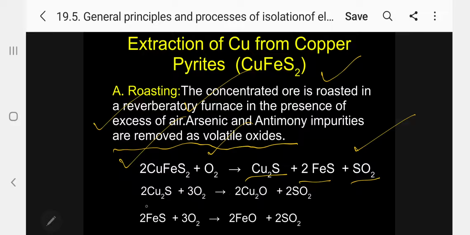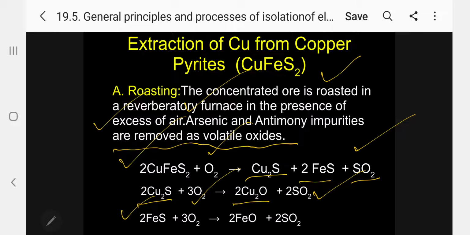The cuprous sulfide that is formed is roasted again, again and again, with oxygen. So the sulfide ore is converted into the oxide, and sulfur dioxide goes out from the ore.